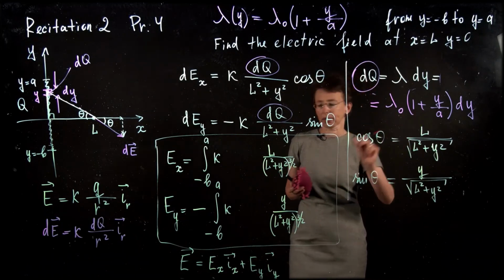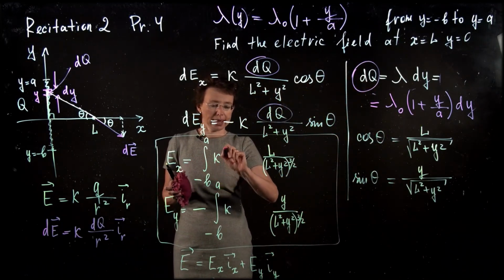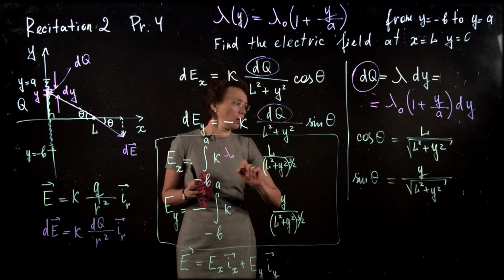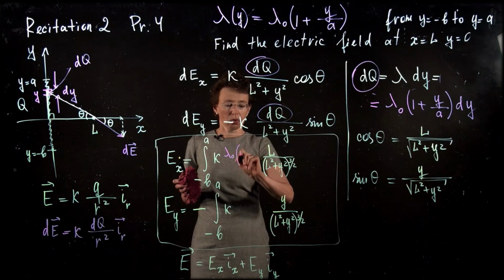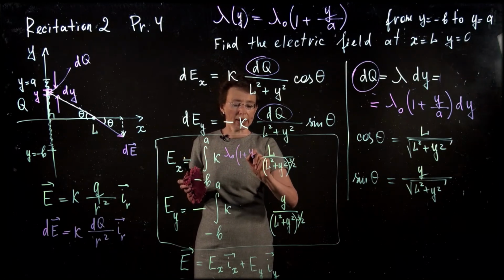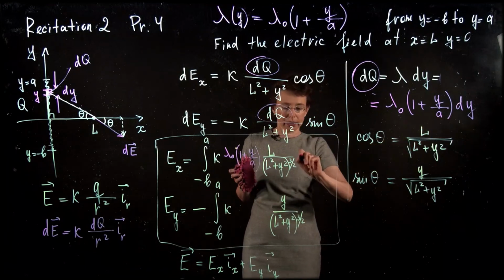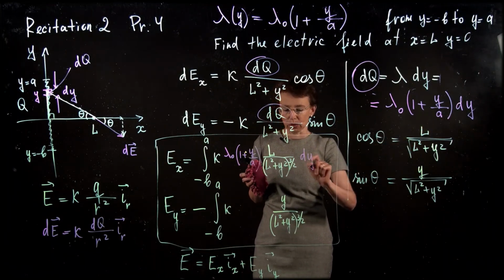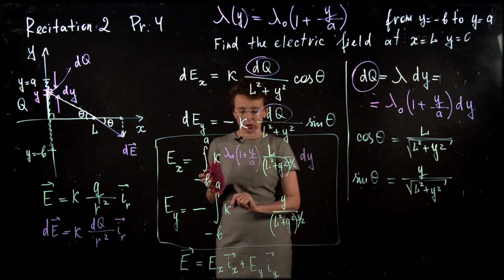It will be lambda naught, then 1 plus y over a, dy. The integral we still take with respect to y. This is our variable of integration.